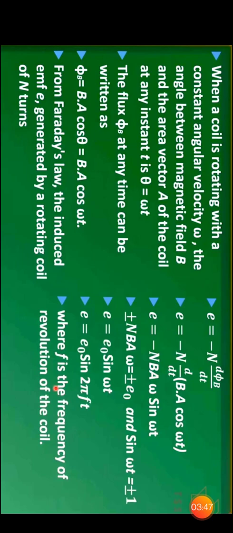Putting in the value of phi b, we get plus or minus n B A omega, which is equal to plus or minus E0, and sin omega t is equal to plus or minus 1.